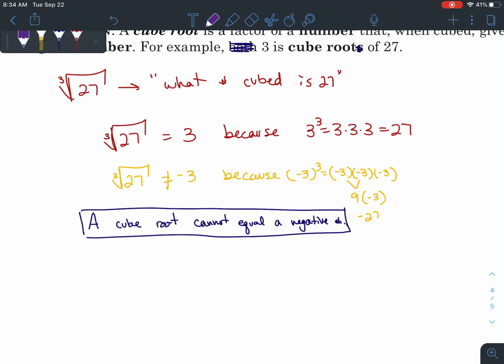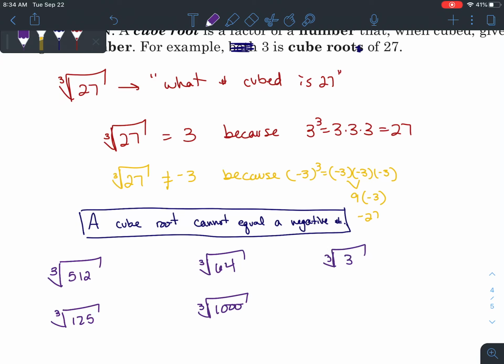Let's do a couple more examples. Cube root of 512, cube root of 125, cube root of 64, cube root of 1000, cube root of 3, and cube root of 7.